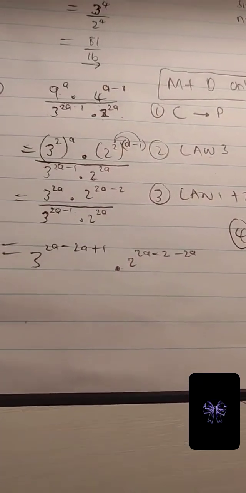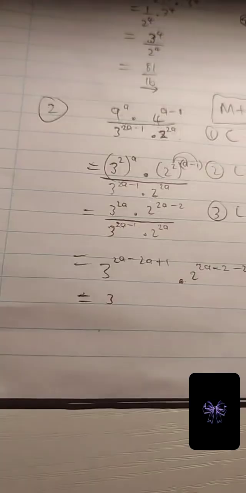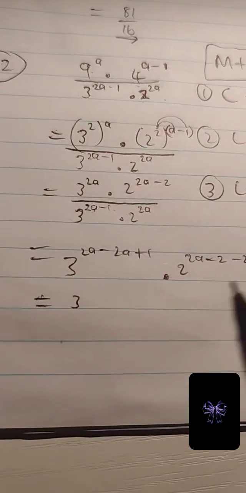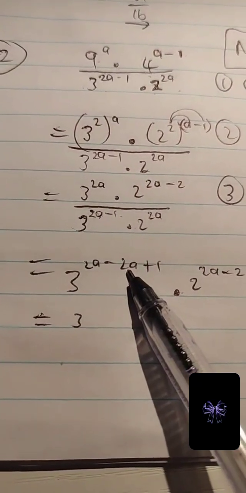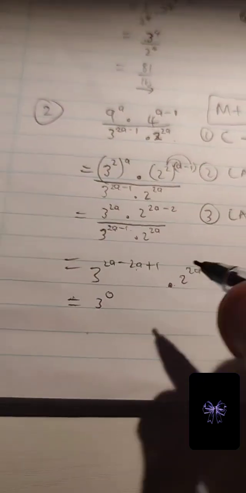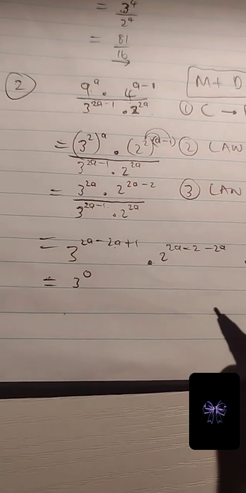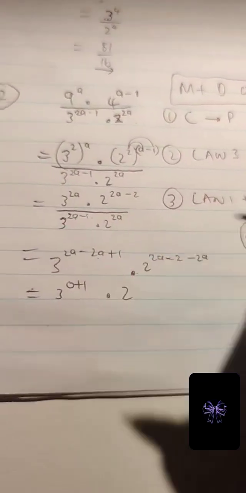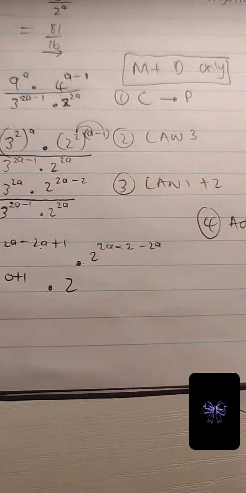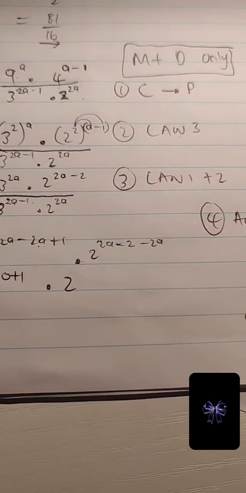Now I'm just going to say 3 to the exponent of 2a minus 2a, which is 0, plus 1, multiplied by 2 to the exponent of negative 2.